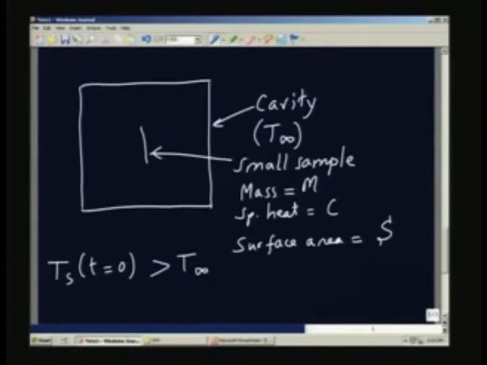And if I assume that the sample is very small and there are no temperature gradients within, I can assume that the sample is at a uniform temperature, and I can measure the temperature of the sample, T s, as a function of time. So, what would you get?